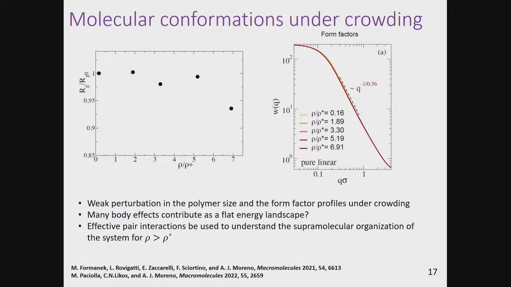This was needed to reduce the computational cost. For example, you can find the interaction potential of simply two single-chain nanoparticles and use that potential in a high density system or supramolecular organization. If you are interested, you can have a look at these papers.